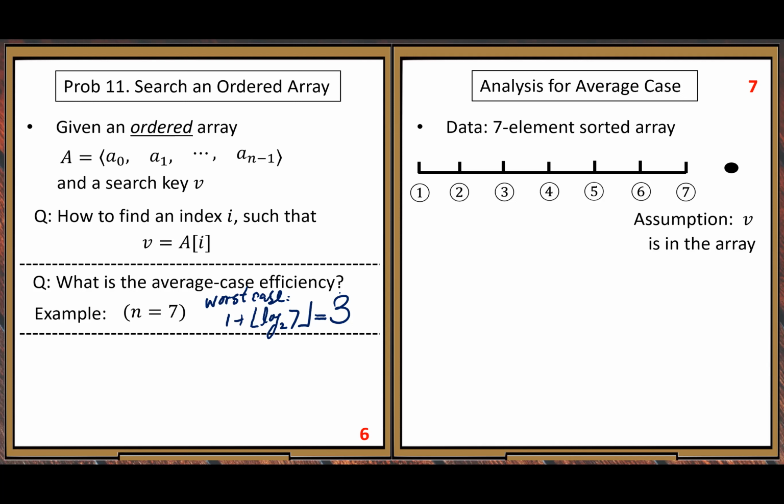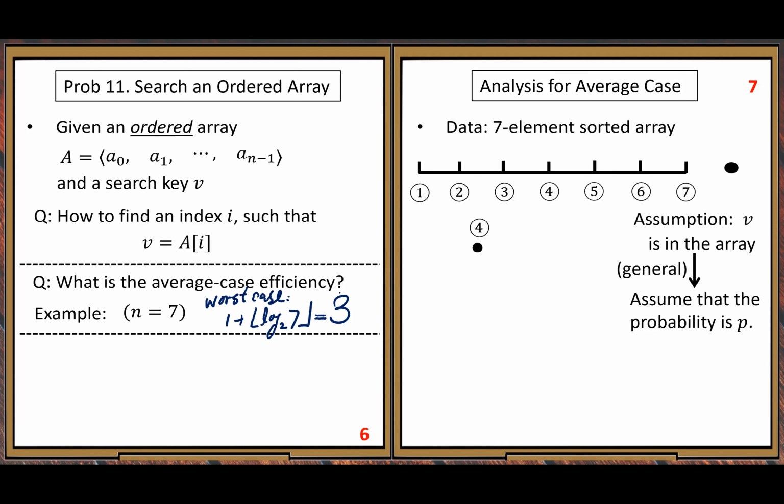To make the discussion as simple as possible, let's assume V is in the array.